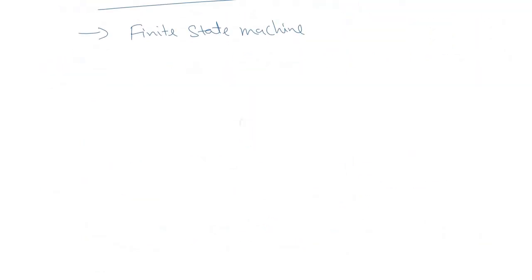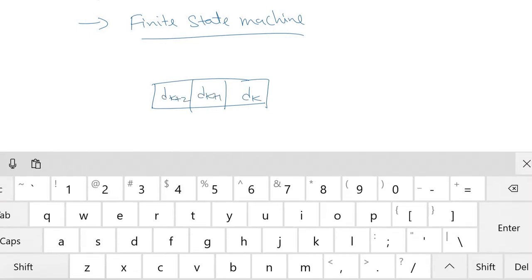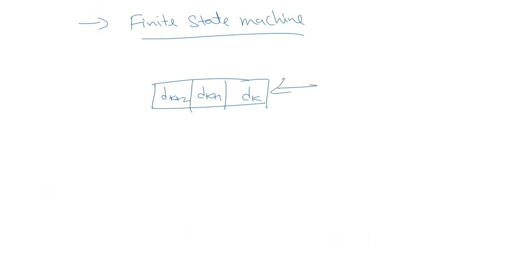Let us draw these 3 shift registers again. The input data is given from this side, that is, to the shift register DK.